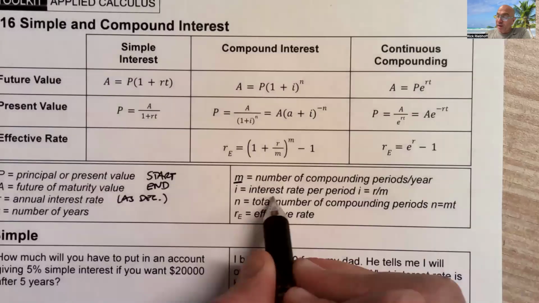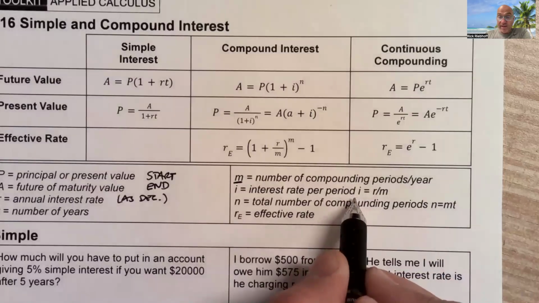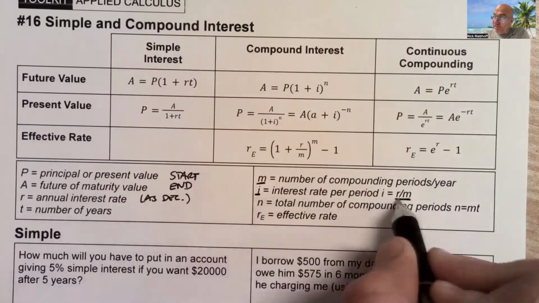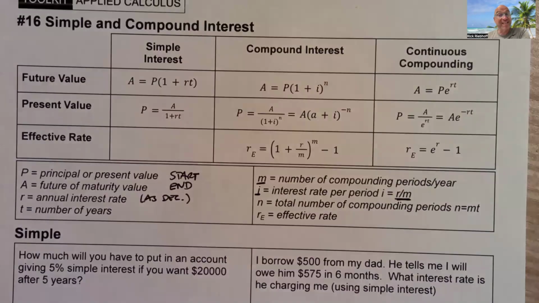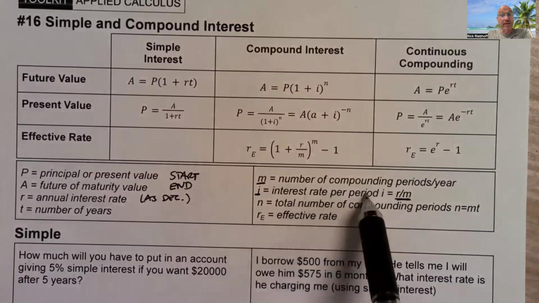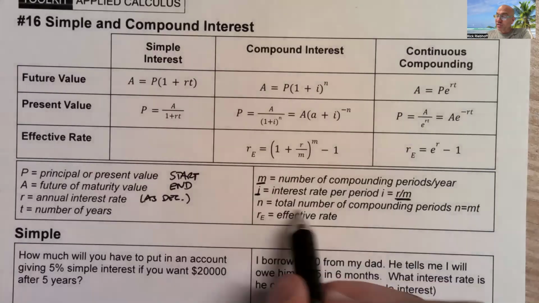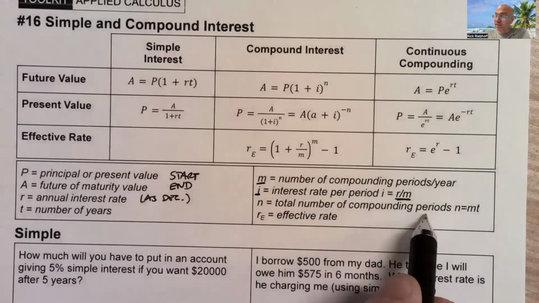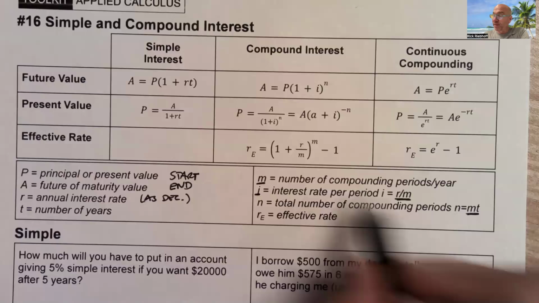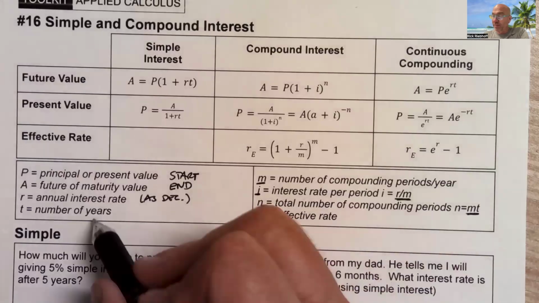I is the interest rate per period. To find I, you take R and divide it by M, which makes sense. If the overall interest rate is 10% and you're compounding twice, 10 divided by 2 would give you 5% per period. Okie dokie. N is the total number of compounding periods, and that's going to be M times T. M is the number of compounds, T is the number of years.